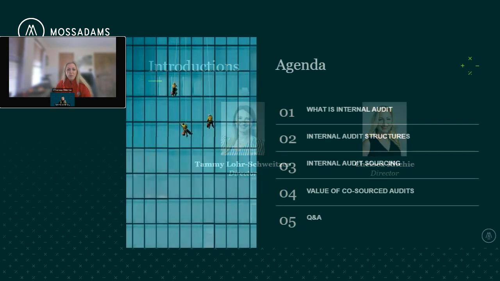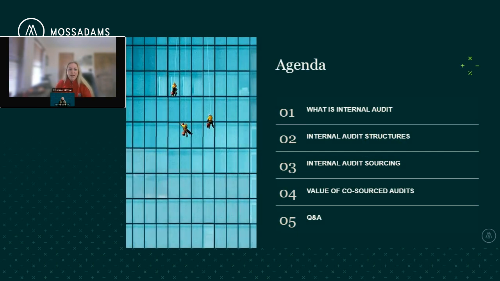Want to go over what we are going to be talking about today. So here is our agenda. First off, we're just going to talk about the fundamentals. What is internal audit? Then we're going to go into internal audit structures. There's a couple that we really want to illustrate today. We'll give you some examples that both Tammy and I have seen throughout our careers.